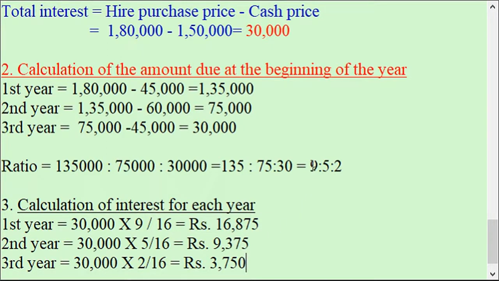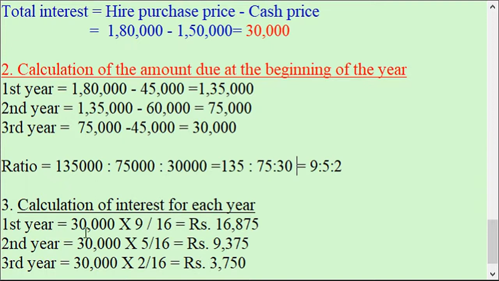If you are not able to simplify further to 9 is to 5 is to 2, don't get confused here. You can take the ratio 135 is to 75 is to 30 and you can take these numbers here. You get the same answer.